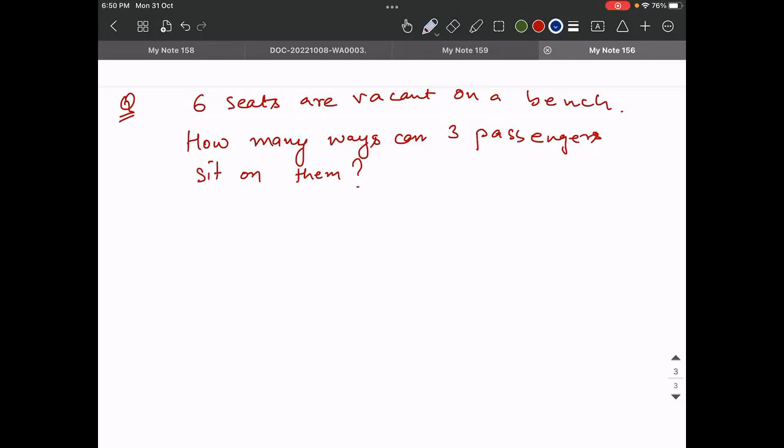See, suppose there are m different operations that can be performed, and there is another separate n different events that can be performed. So the total number of events that can be performed is m into n. That's our fundamental principle of counting. Yeah, we have done it in detail, don't worry.